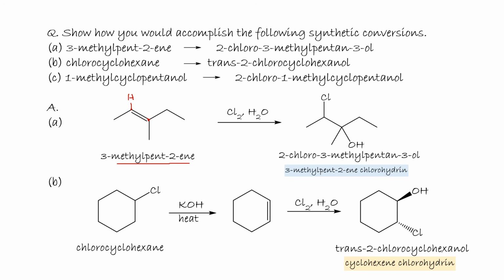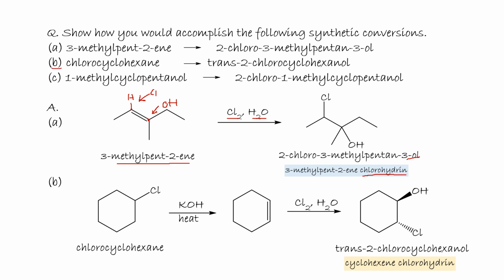We would like the Cl to be added here, and we add OH here. To do that is straightforward. One step, adding Cl2 in water, we get 2-chloro-3-methylpentan-3-ol, or what we call the chlorohydrin.